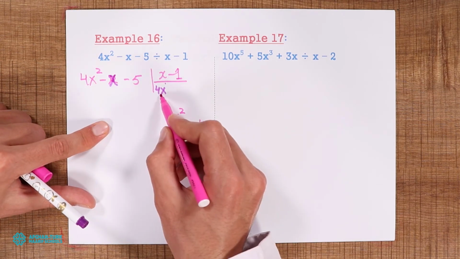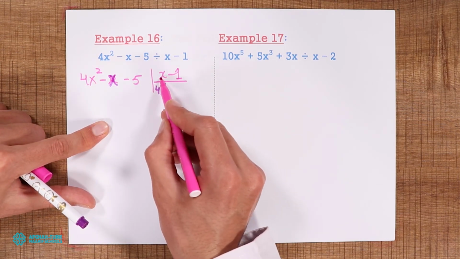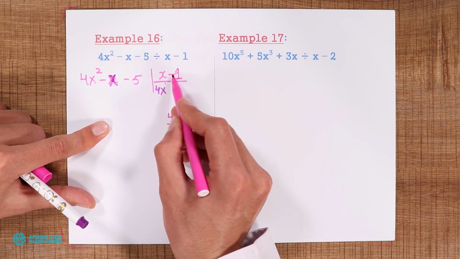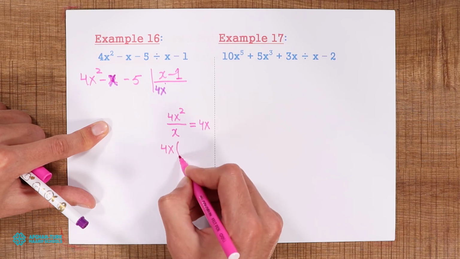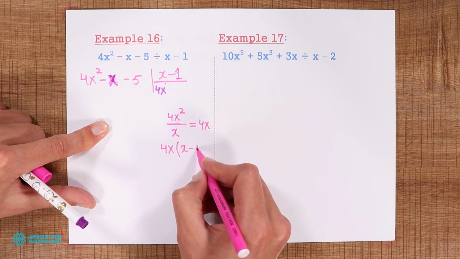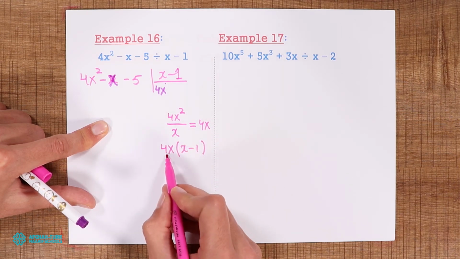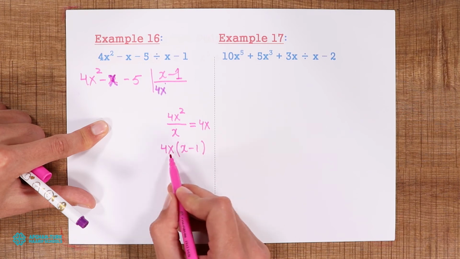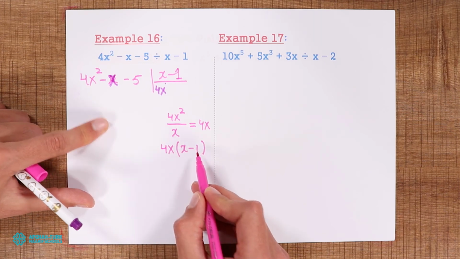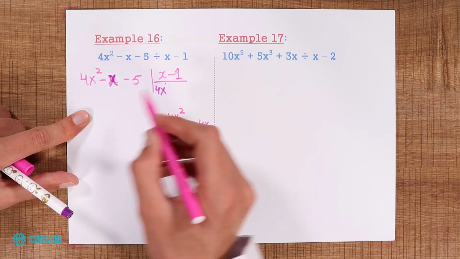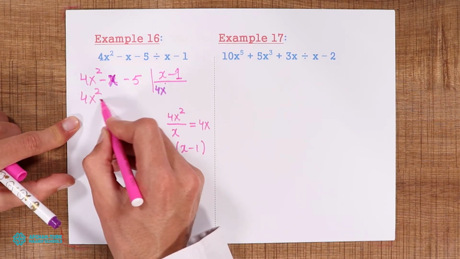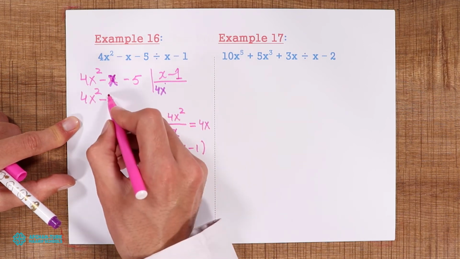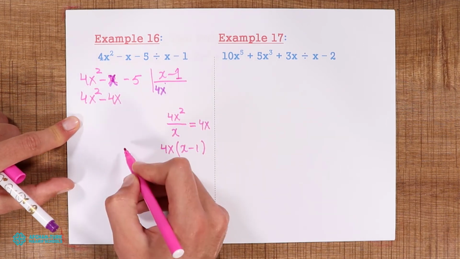So after that you must multiply 4x with all the terms of the divisor. If you multiply 4x with x minus 1, 4x times x will be 4x squared, and 4x times minus 1 is minus 4x.